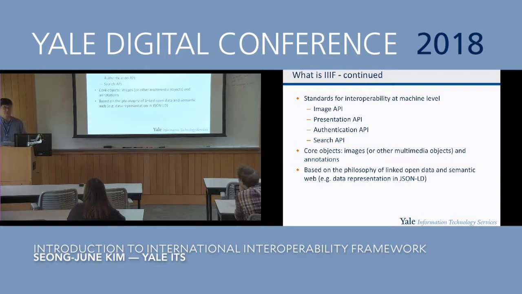And then the presentation API is about not the image level, but, as we saw in the example of Mirador, there were collections defined and metadata defined, and how they were structured. All that kind of information is consolidated into one JSON file called a manifest, and it has all the metadata information about how to present the representation of that collection.